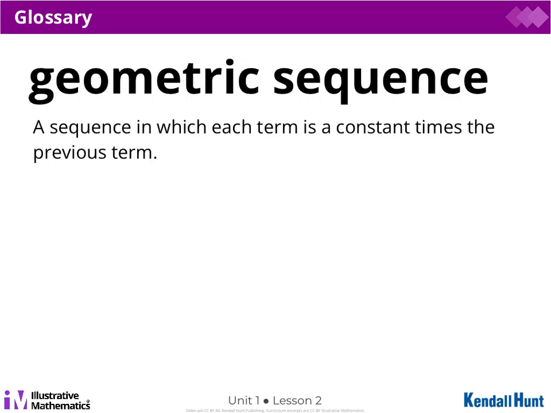So let's say I got 2 and I multiply by 2. 2 times 2 is 4, times 2 is 8, times 2 is 16, times 2 is 32. So the times 2 applies to each term in the sequence. A geometric sequence multiplies the same number to each term.